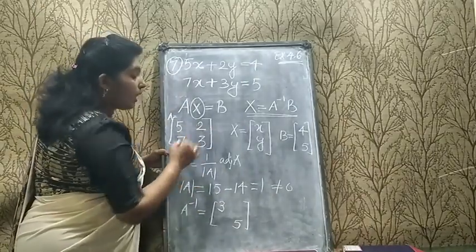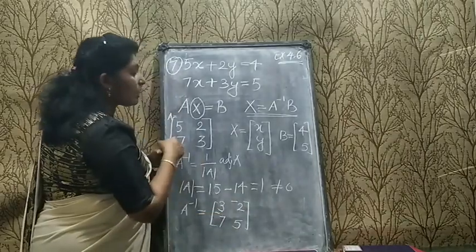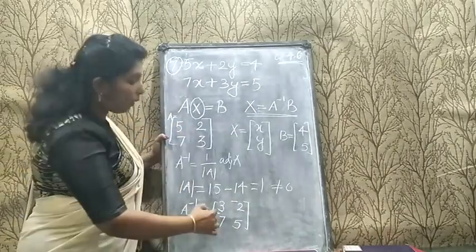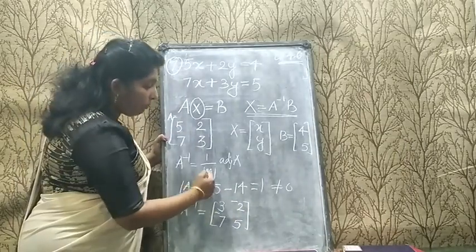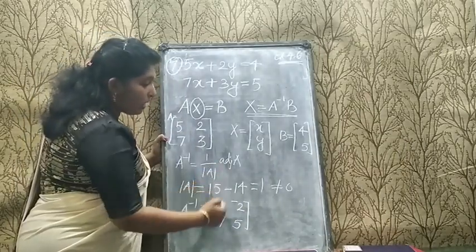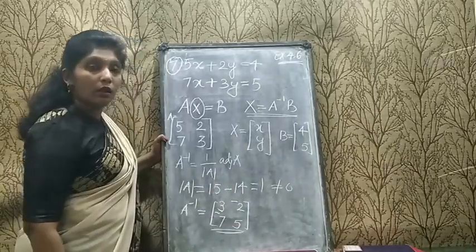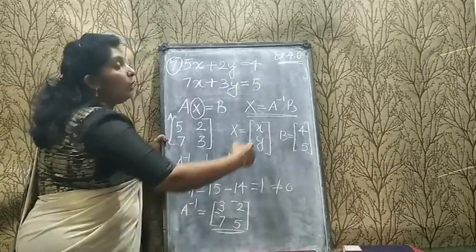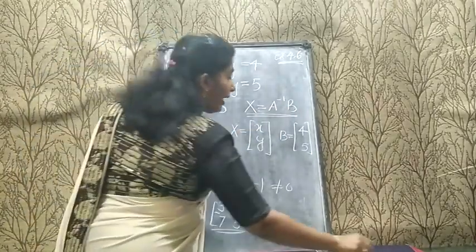And for these two numbers you have to change the sign. Here it was positive 7 and positive 2, now it is negative 7 and negative 2. So 1 by 1 into adjoint of A is this one. This is A inverse. Now you have to multiply A inverse with B for getting the value of X.